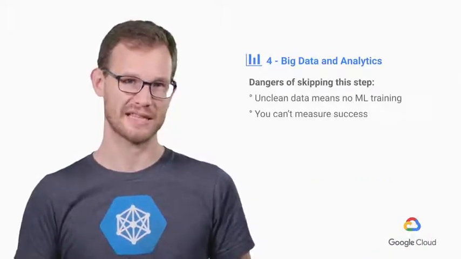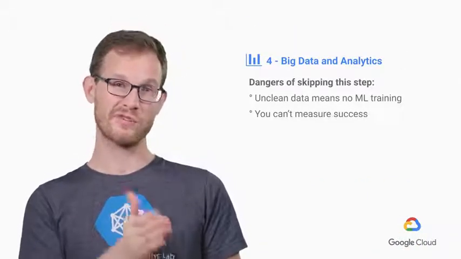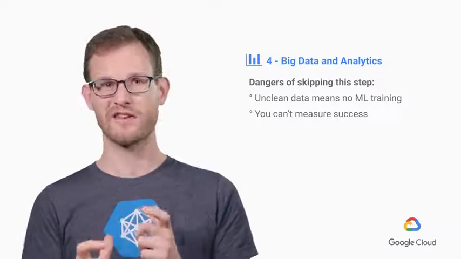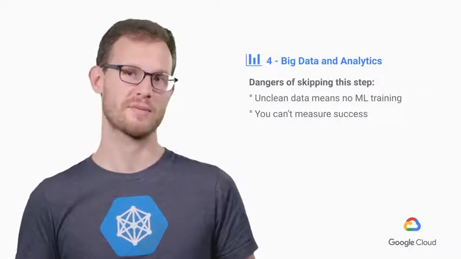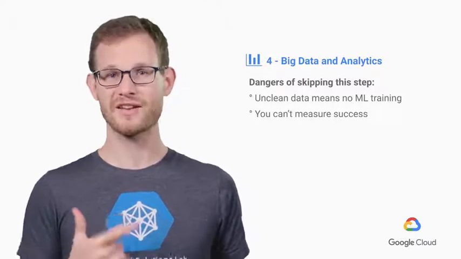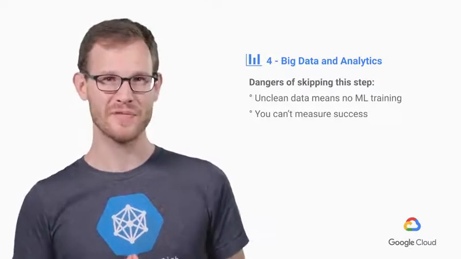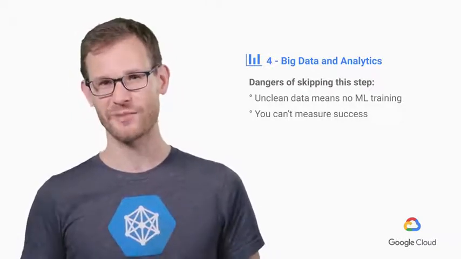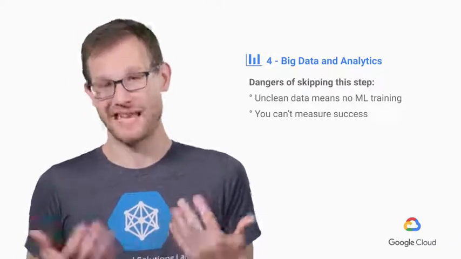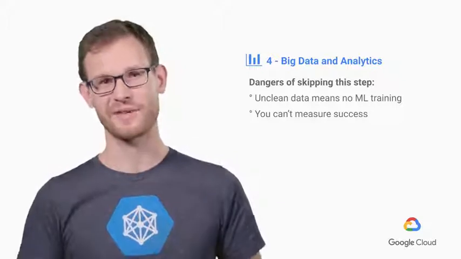The dangers of skipping this step. So if you try to go from software right into ML without ever having this kind of manual insight generation phase, you're going to run into some obstacles. First, you won't be able to train your ML algorithm because your data is not cleaned and organized. If you cannot make a histogram of your data, your algorithm cannot effectively make that histogram either.